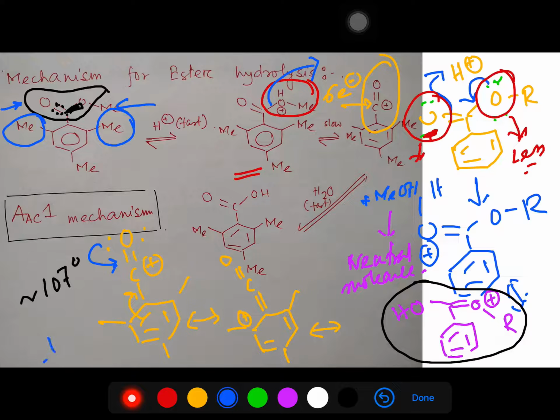I am not writing the back part. That is this, and oxygen will bear the formal positive charge. Because of this, every atom is octet filled, so 8 electrons for every atom, both carbon and oxygen. Okay, by the way, you have understood.